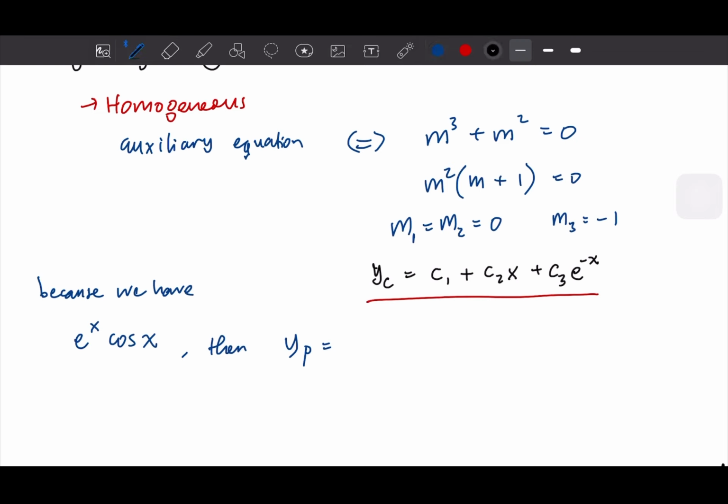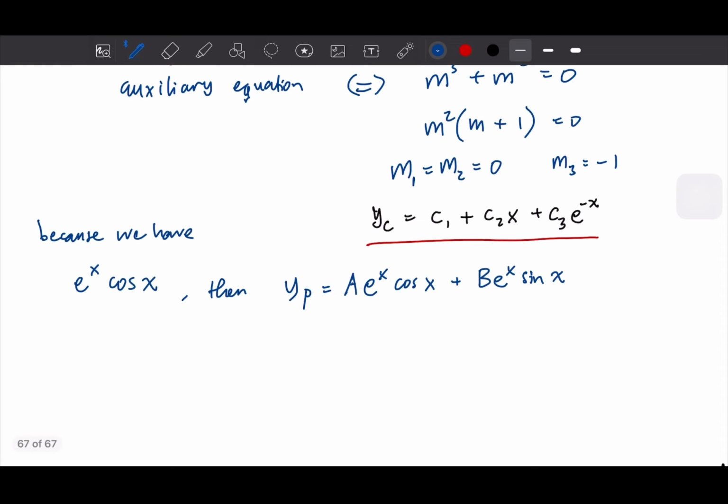So we are going to have, let's say, coefficient A e to the x cosine x plus B e to the x sine x. So let's try with this one. And I think it's still okay, because we are not really messing up with the previous ones. So let's check and find out the constants, but I think I will leave this to you.